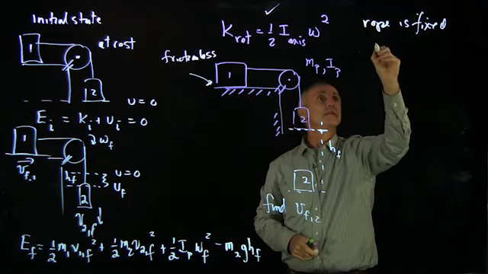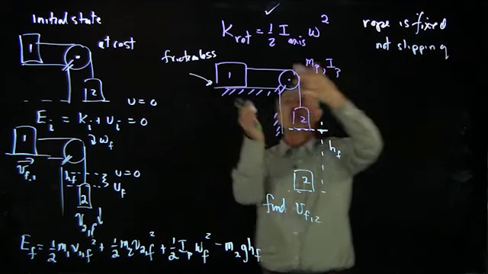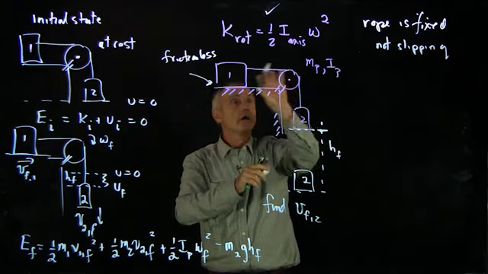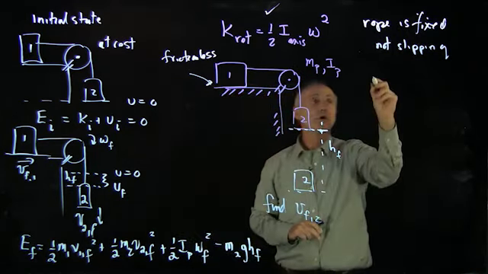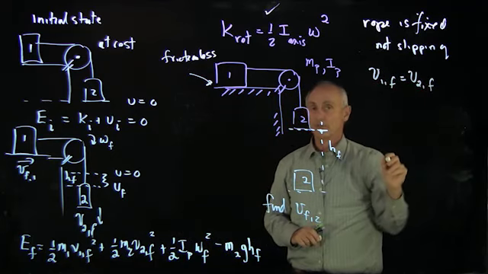What we'll have is fixed and not slipping. So as the rope moves, the pulley is moving with the same motion as the rope is moving with the speeds of block 1 and 2. So we see that v1 final is equal to v2 final.